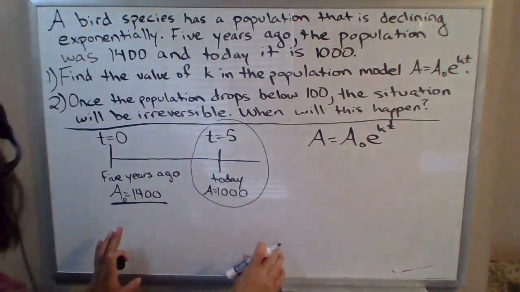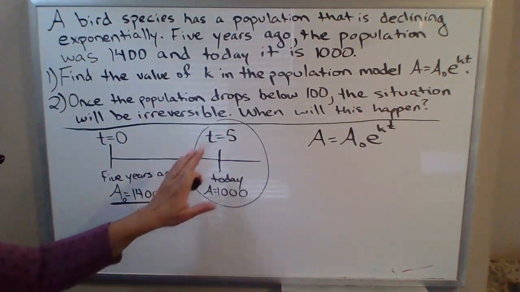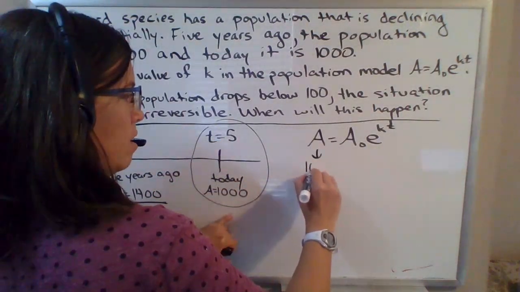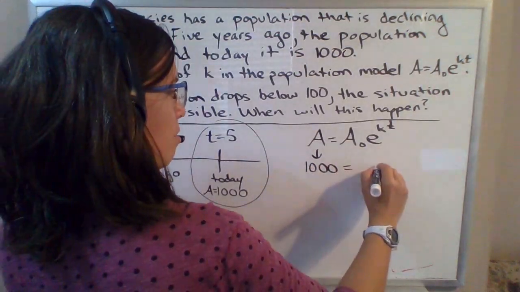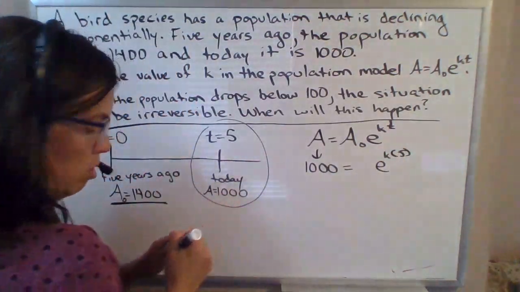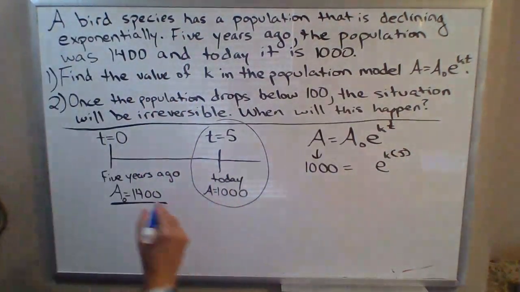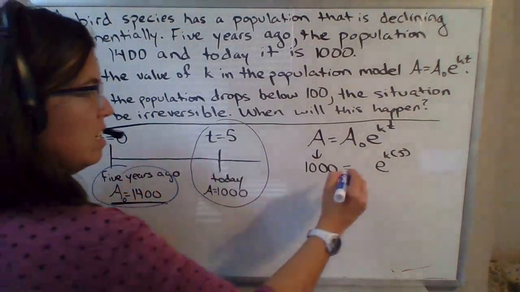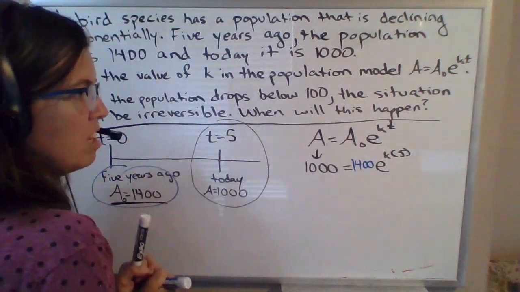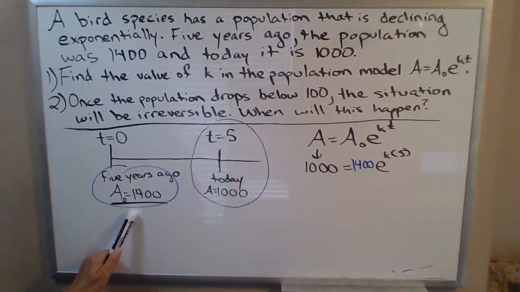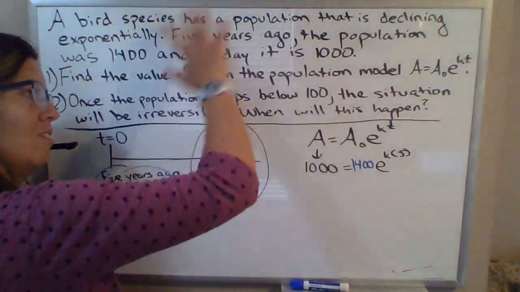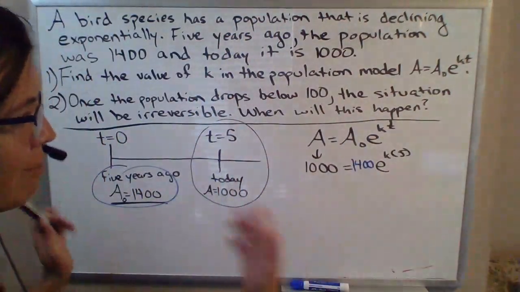So using the information that we have on the chart here, let's plug in 1,000 for A. That's 5 years later, so k times 5. And we'll use the amount that we had 5 years ago, so the 1,400, as our starting amount. So in this case, t is years since that point 5 years ago, 2015, let's say. Although this example is meant to be timeless, so let's just say 5 years ago.